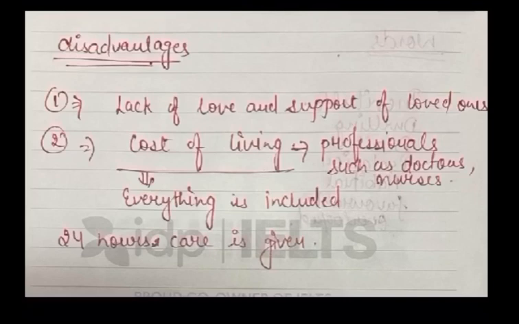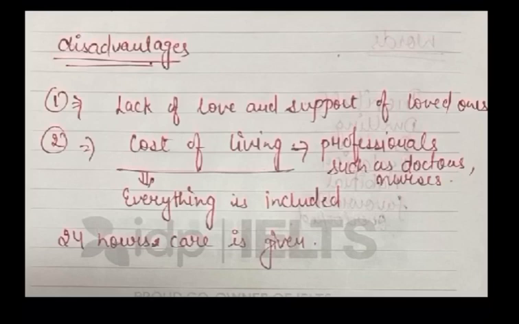So next, let's talk about the disadvantages of this scenario. The first which I have mentioned is the lack of love and support of the loved ones. How can this be explained? See, if one person is taken away from his or her family, then obviously he will miss their families, right? And second, the change of environment is the biggest concern for them. Why?